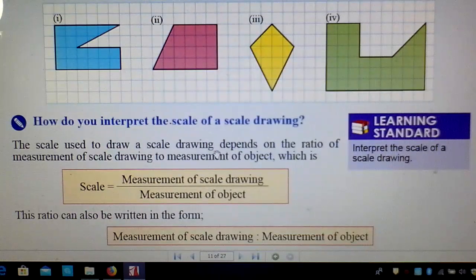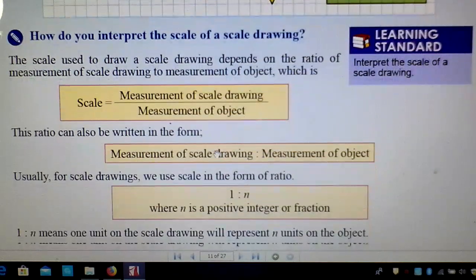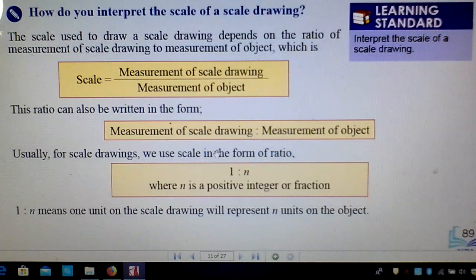Okay, how do you interpret the scale of a scale drawing? The scale used to draw a scale drawing depends on the ratio of measurement of scale drawing to the measurement of the object, which is scale equals measurement of scale drawing divided by measurement of object. D divided by O, drawing divided by object.